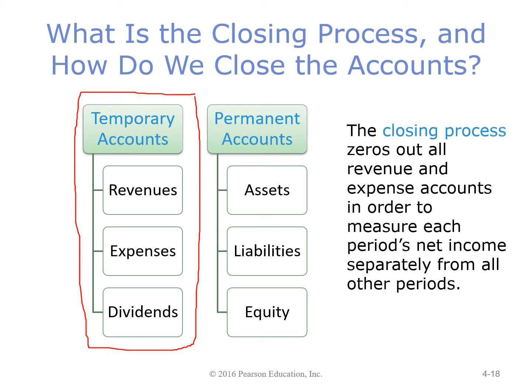Why? Because every year must include its own revenue, its own expenses, and its own dividends in order to be able to evaluate the performance of the company for each period separately from the other period. Which means if we have revenue that is 100,000, I have to make sure that this 100,000 is related to the current period, and does not include any income or revenue from the previous year.